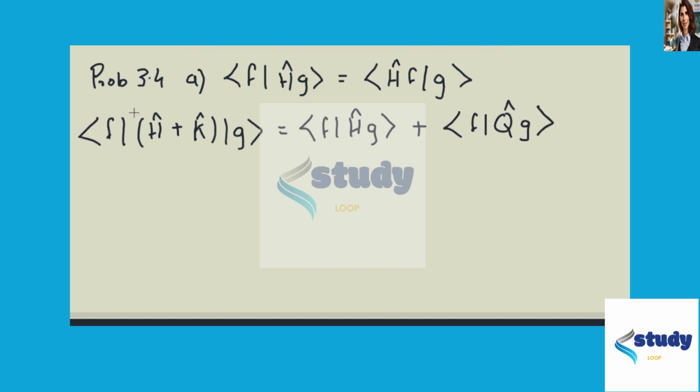This is possible as this scalar product is just an integral, and the integral of a sum is the sum of integrals. Since H cap is a Hermitian operator, we can write this as H cap f scalar product with g. Also here, sorry, this is K cap here.